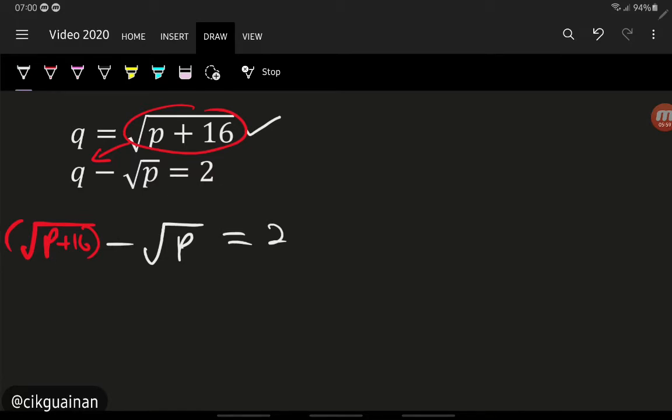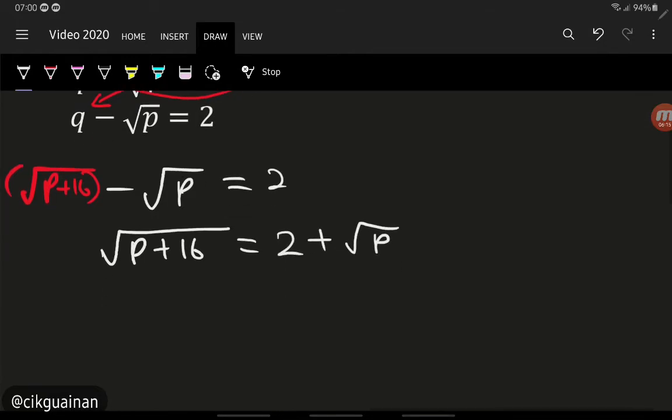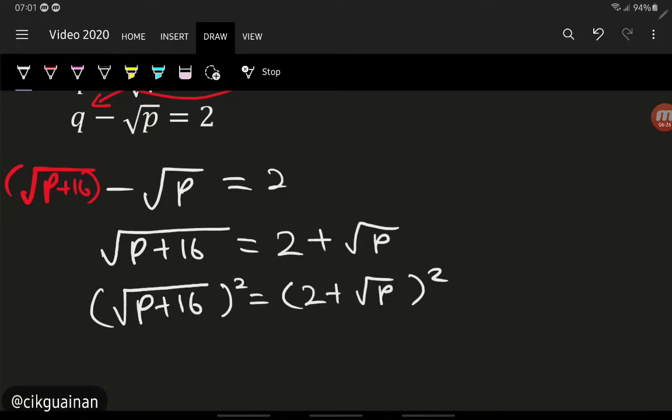We have two square roots, right? So it is best if we move one square root to the other side. So square root of p plus 16 equals 2 plus square root of p. From this one, it's easier for us to square both sides. So just copy p plus 16 inside the bracket, 2 plus square root of p, squared.